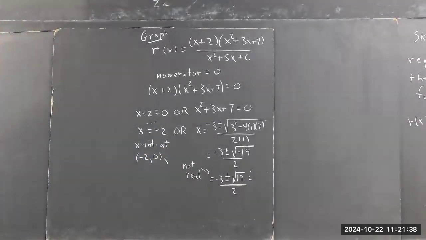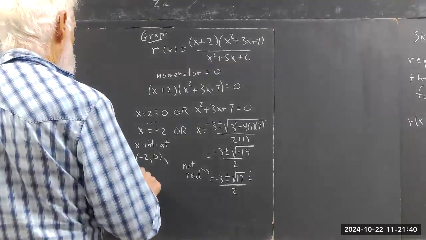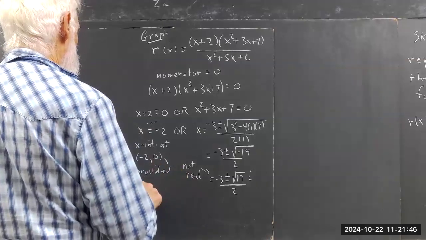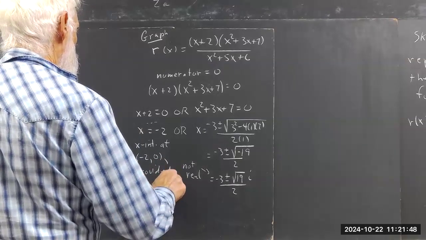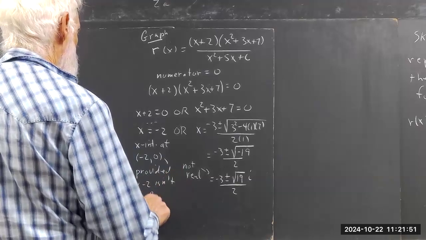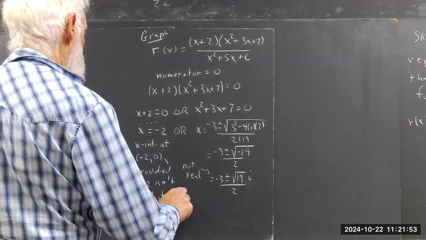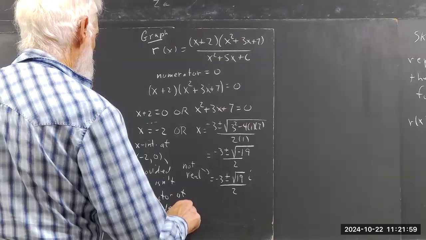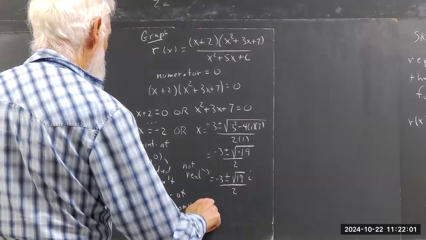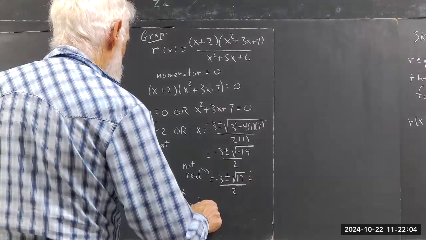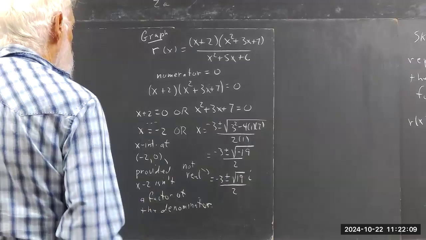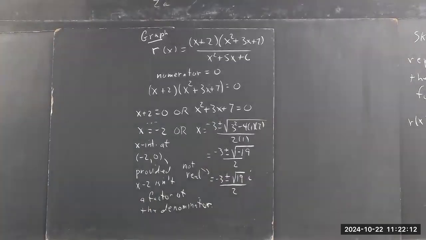The x-intercept is at -2, 0, provided that x plus 2 is not a factor of the denominator. It's going to turn out that x plus 2 is a factor of the denominator.